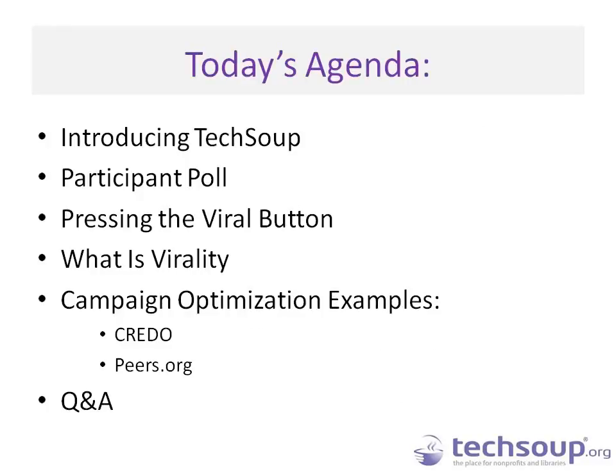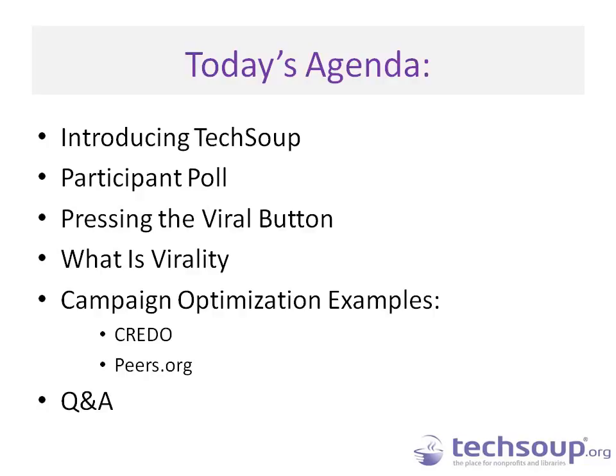Just to quickly go over today's agenda, we'll spend just a couple of minutes introducing TechSoup since we're your hosts today. And we'll take a couple of minutes to have you tell us a little bit about you. That will help inform our presenter on who's joining us live on the phone today so we can better speak to your needs. And then I'll hand over to Jim to talk about pressing the viral button and what that means, and is that a real thing that you can just do, or is it a little bit of a misnomer?